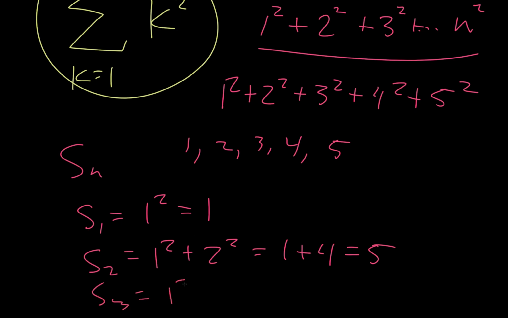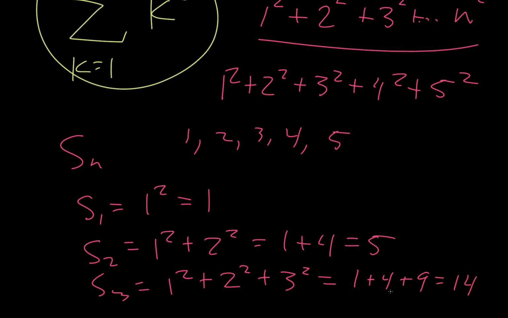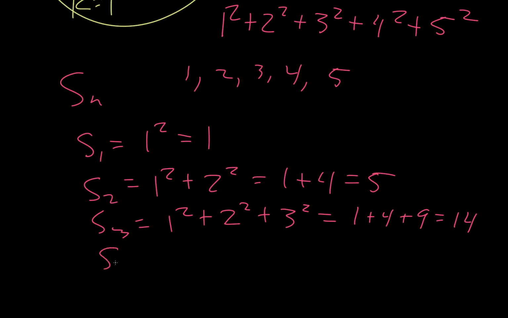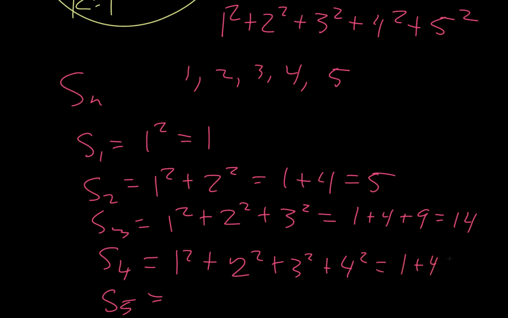S3, we do the first 3 terms. And so that's going to be 1 plus 4 plus 9, which is 14. Then S sub 4 and S sub 5. S sub 4 is 1 plus 4 plus 9 plus 16, which is 30.